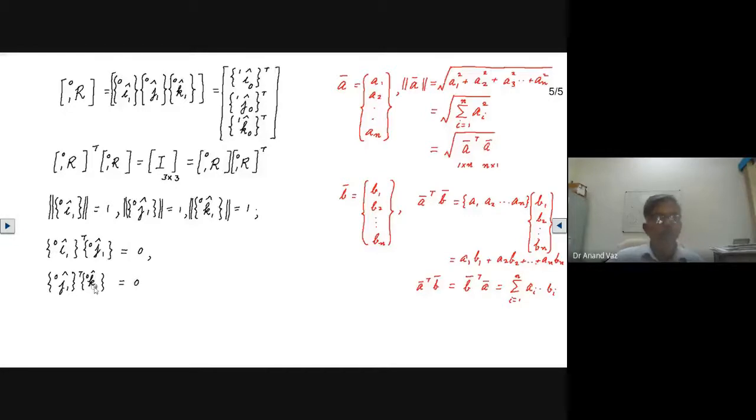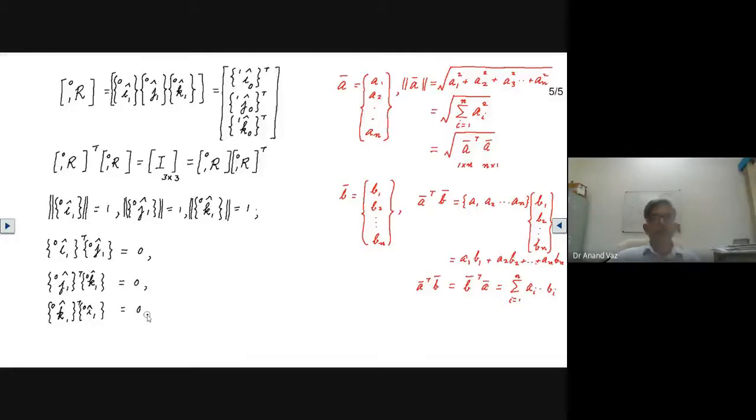We could also write it as K transpose J. And in the same way, you can also write K transpose I. This is also going to be equal to 0. You can also write this as I transpose K.